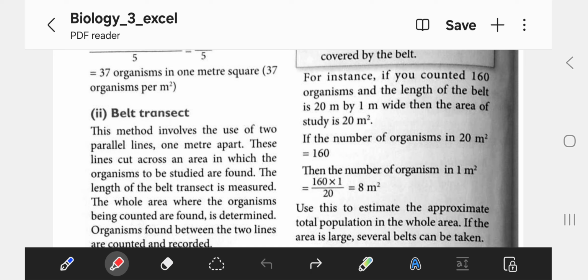So you do what you call first capture marked, the organisms you first went to capture and marked. You multiply by the organisms you captured the second time, both marked and unmarked.